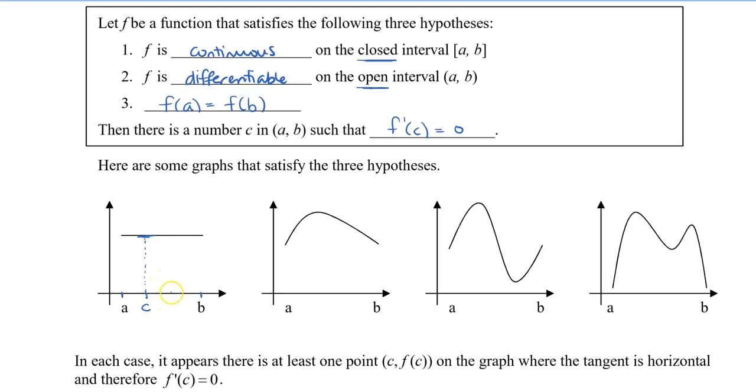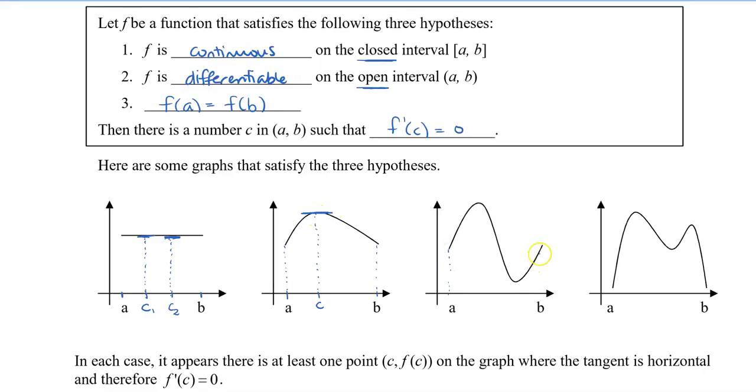For this case, there's actually a lot of them. We can have c1 and c2, and there's another spot here where the derivative is also equal to 0. In the second graph, we have a and b, and there's a point c such that the derivative is 0, which gives us a horizontal tangent line.